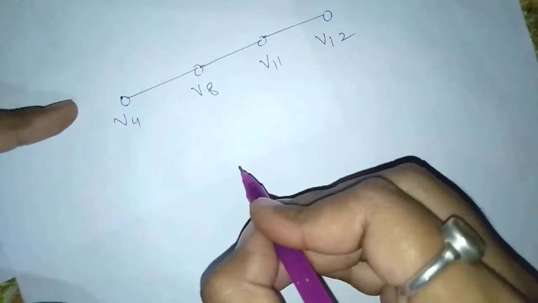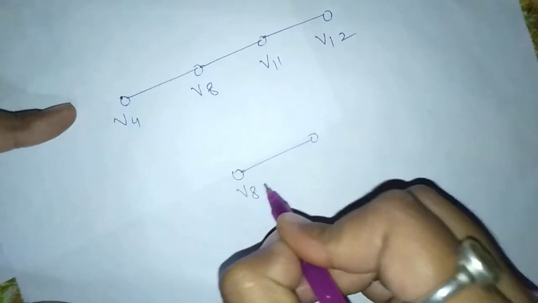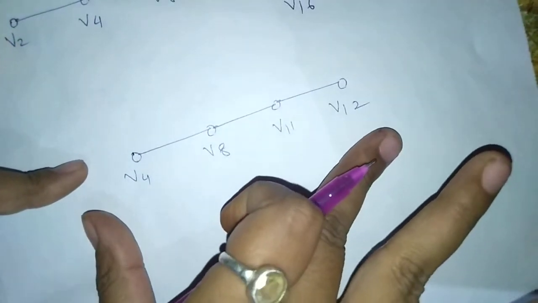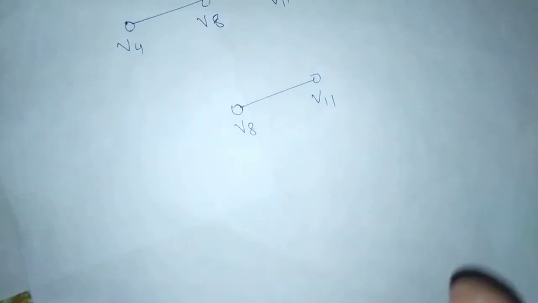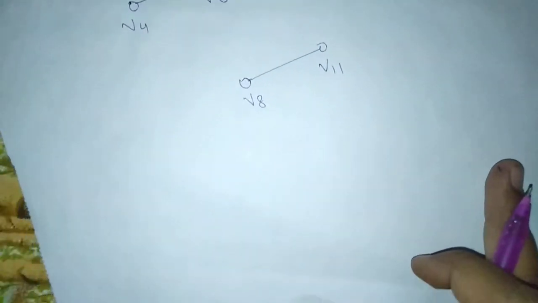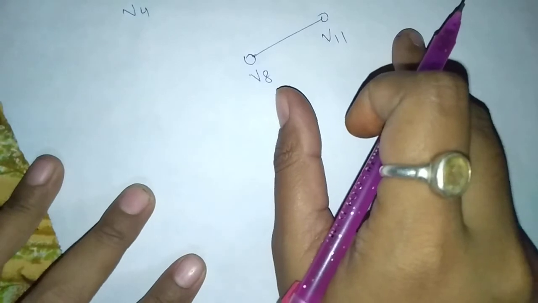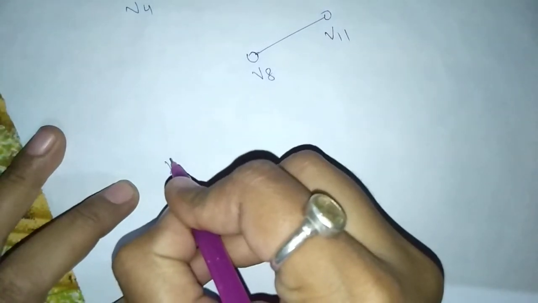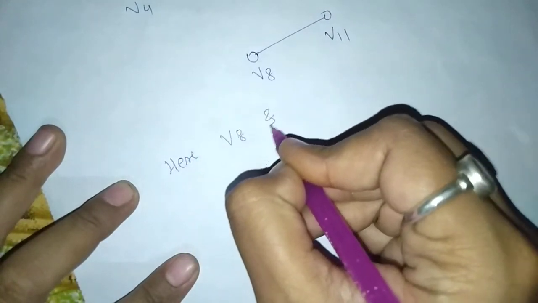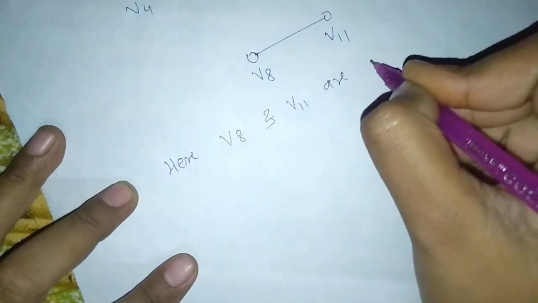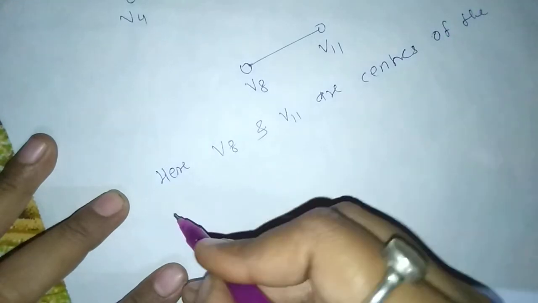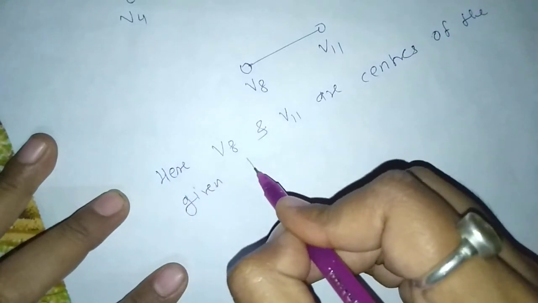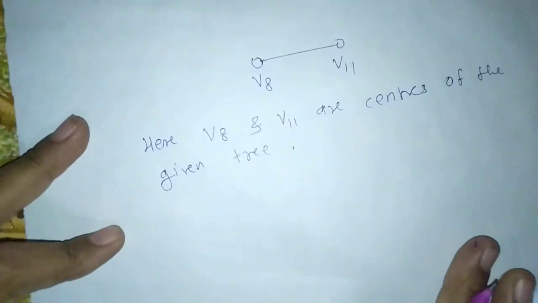So remove these vertices, we get V8, V11. जेव्हा आपण पेंडेंट व्हर्टेक्स डिलीट करतो तेव्हा त्या एजेस पण डिलीट होऊन जातात. आता आपल्याला 2 व्हर्टेक्स भेटले जे की ॲडजसंट आहे, V8, V11. सो वी स्टॉप हियर. सो V8, V11 आर नथिंग बट दी सेंटर ऑफ ट्रीज. V8 and V11 are the centers of the given tree. So here we stop.